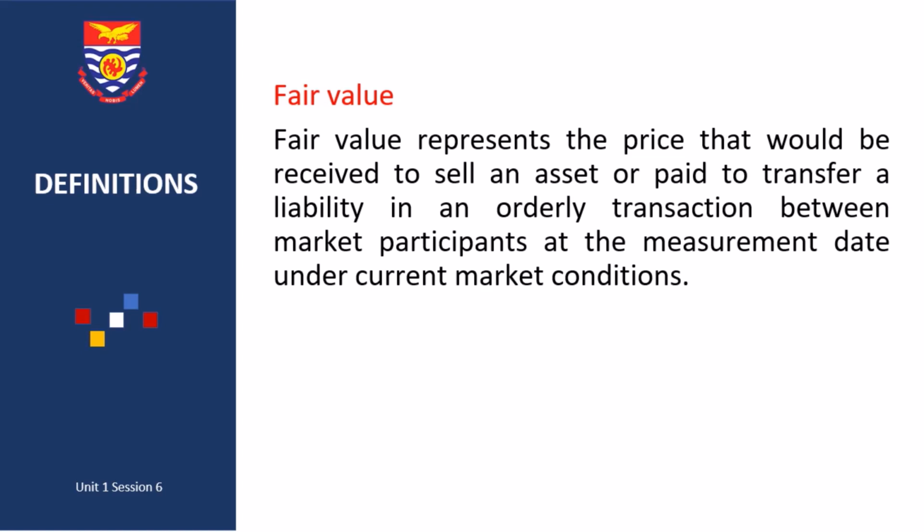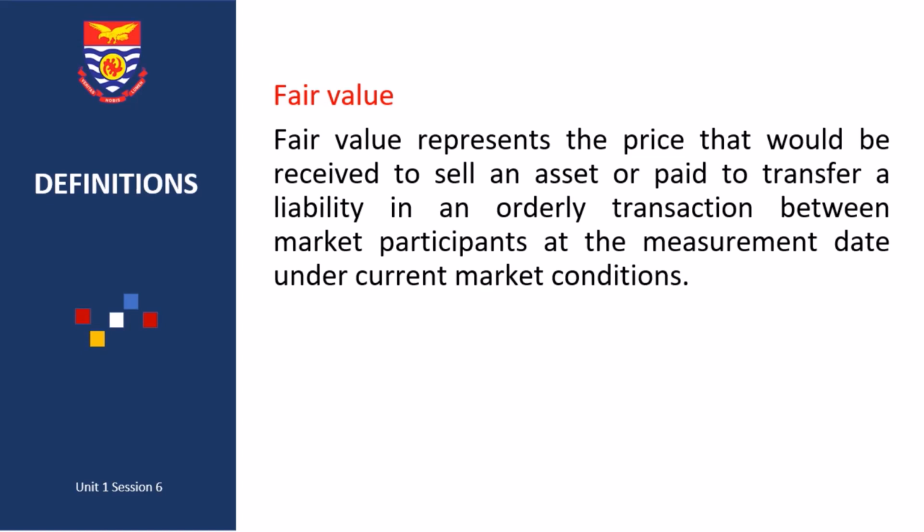So fair value is basically the price that you would receive to sell an asset. If you are selling an asset right now, how much will you receive? How much will be your selling price after selling everything? Or the amount you will pay to transfer what? A liability in an orderly transaction.